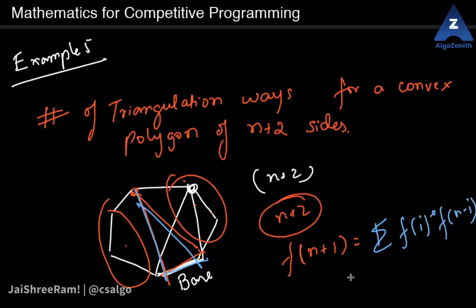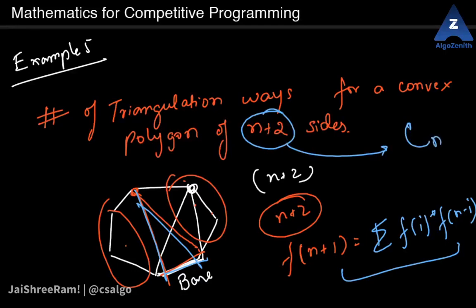Okay, this is the same recurrence relation again, and by definition, for this particular example, this is going to be the Catalan number of n. If you find the solution for 2n plus 2 sides, it is going to come out to be the Catalan number of n.